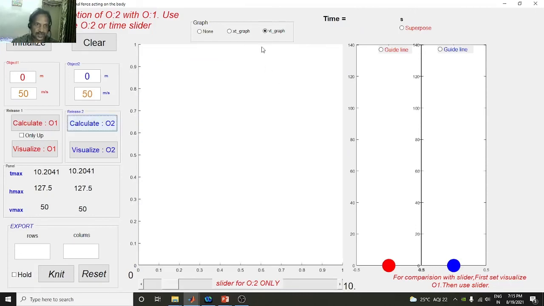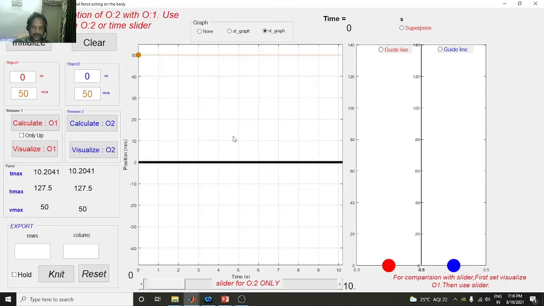Now let us look at the velocity time graph. On the x-axis it will be time and on the y-axis it will be velocity. This is a constant acceleration, remember, so the graph will be a straight line. Let us trace that. At t equal to 0, it is 50 meter per second.